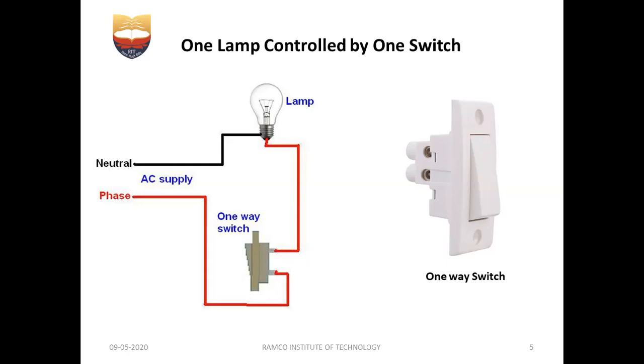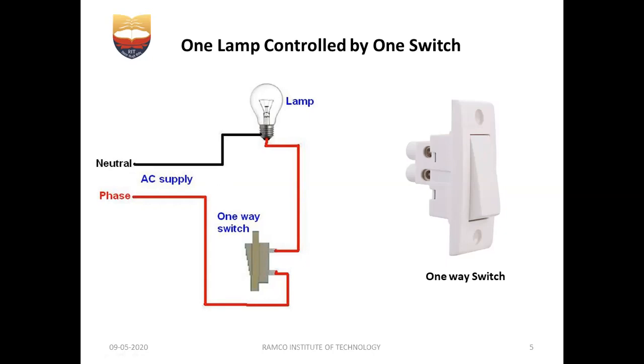So what is the connection behind that? That I am going to discuss here. Any load, as I already told you, has two terminals, a phase and a neutral. The neutral terminal should be connected directly to the load. Here the load is a lamp, so I have connected the neutral terminal directly. We need not put any switch or any control over here. The red color wire is meant for neutral. In general, the red color wire is meant for neutral.